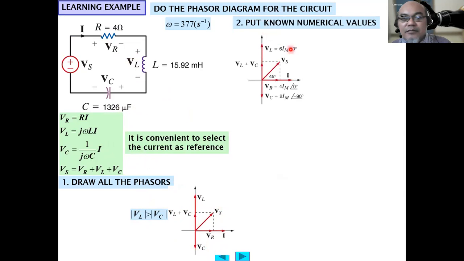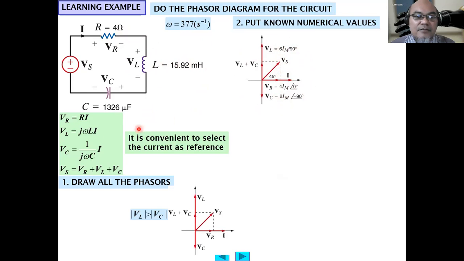Let's put in the numerical values. The VL is j omega L I, this is 6, and the VR here is 4 times the current I m. Here 6 comes from the 15.92 millihenry multiplied by 377, we obtain 6.